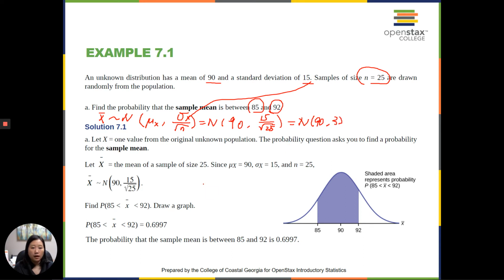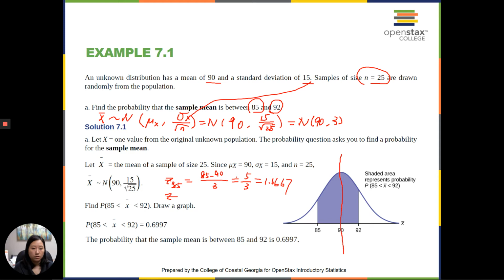Okay, and now we can draw a graph and say this is the mean at 90, this is 92, and this is 85. So we can calculate the z-score. The z-score of 85 is equal to 85 minus 90 divided by 3, which is 5 over 3, or 1.6667.